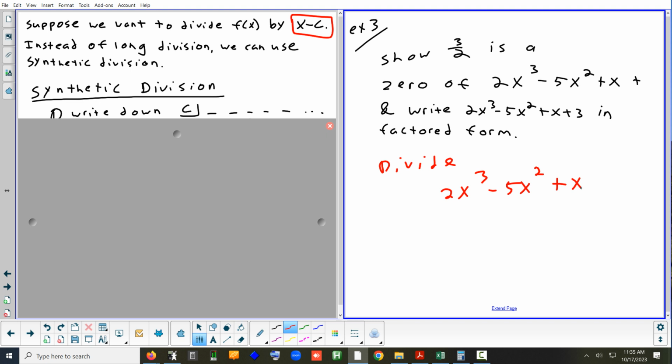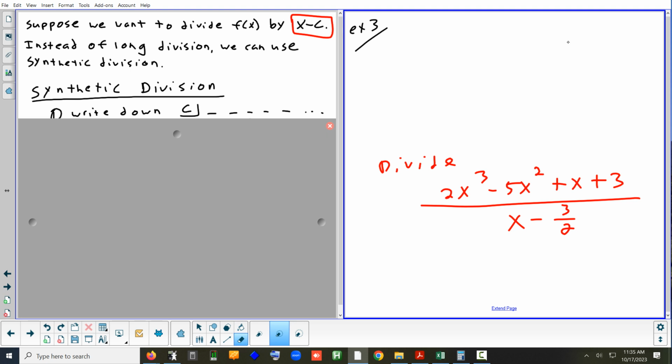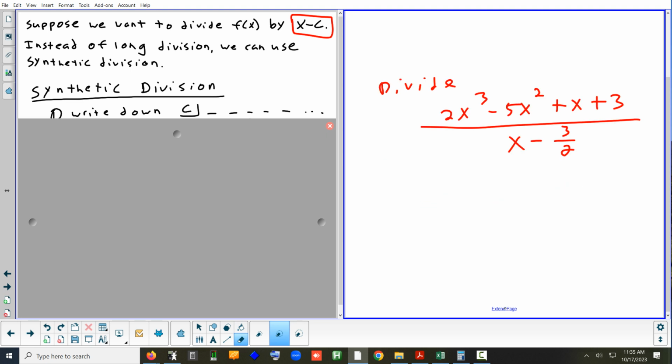Was there a number on the end? Yeah, there was a plus 3. Divided by x minus 3/2. Okay, so that's the problem we're going to do, and we'll do that as I show you the steps.